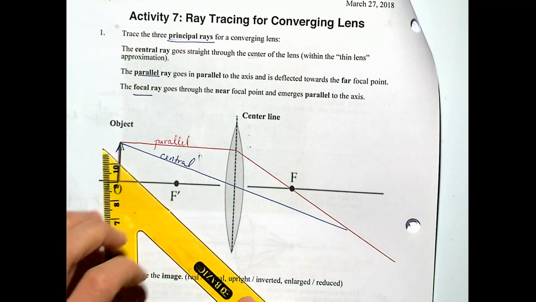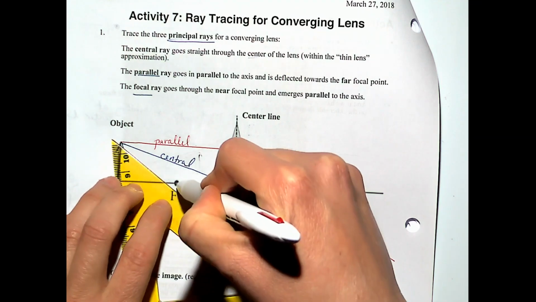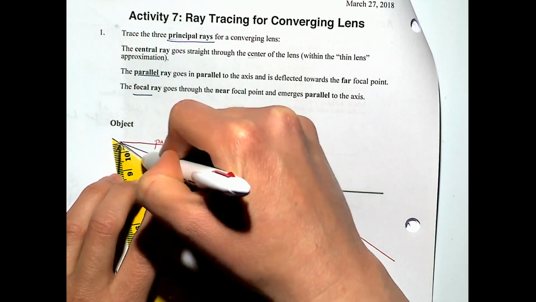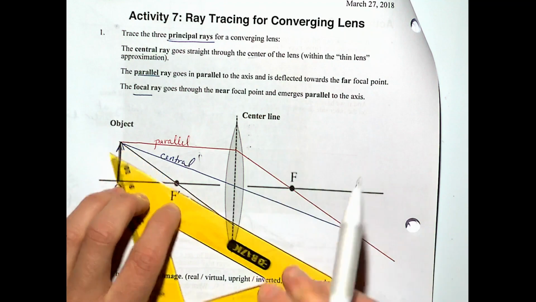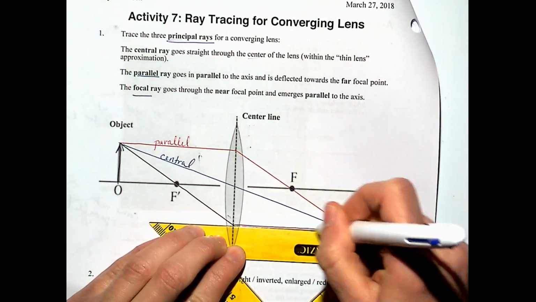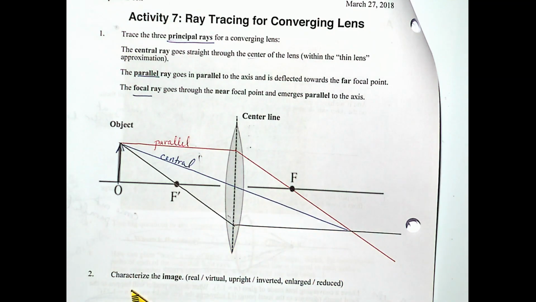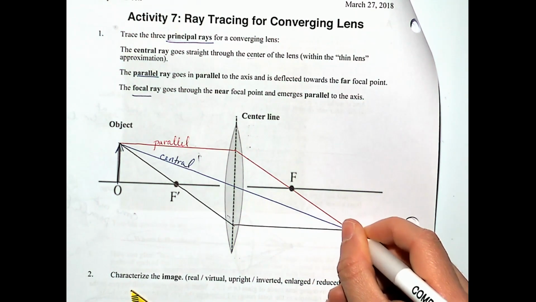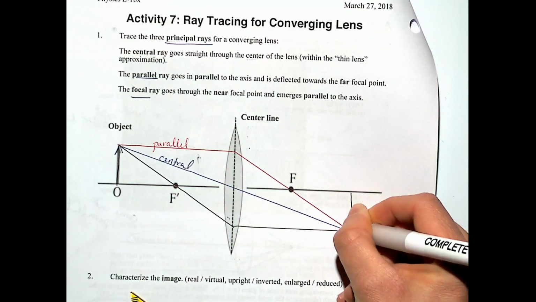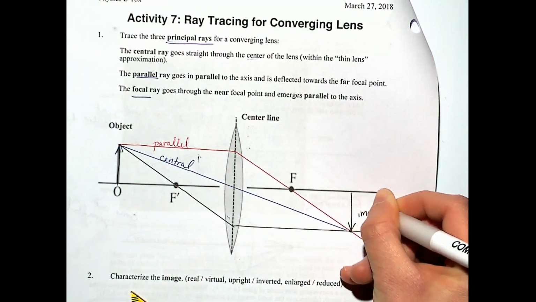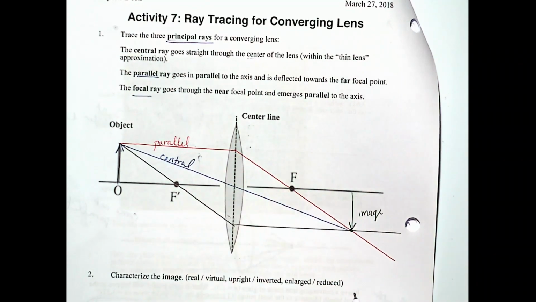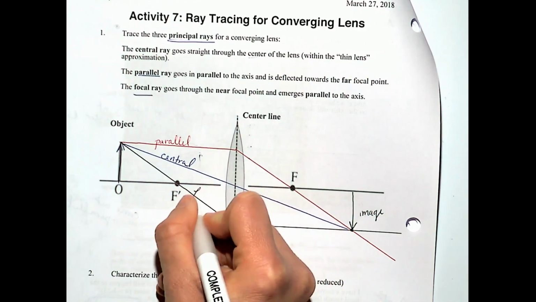So that goes through the near focus to the lens, and then it goes out parallel. So they're all converging right here. So the image is right there. And this is the focal ray.